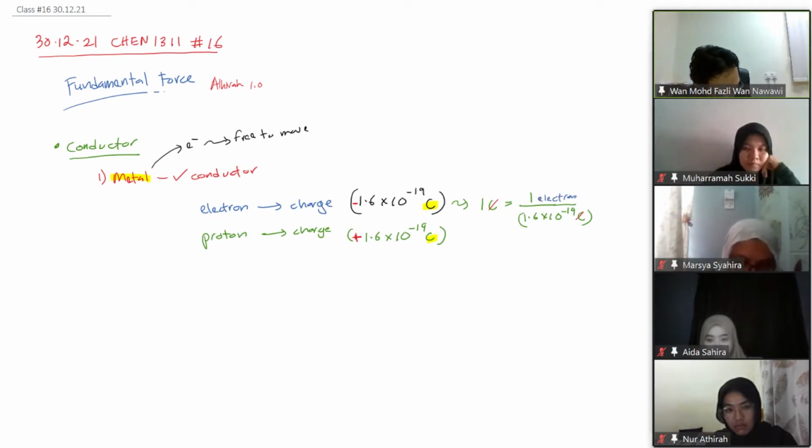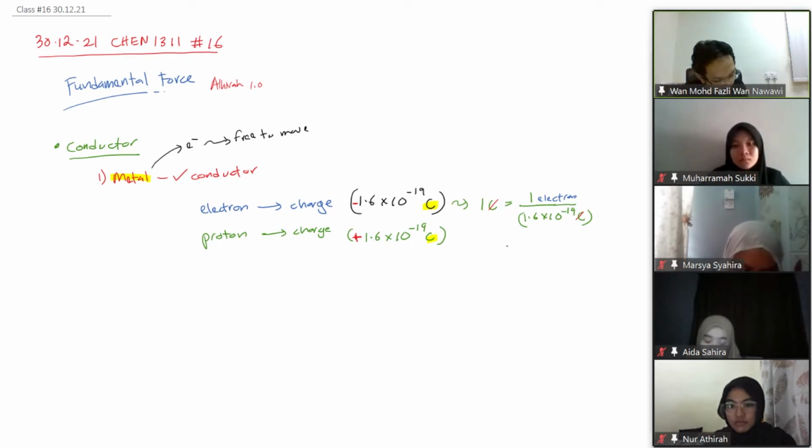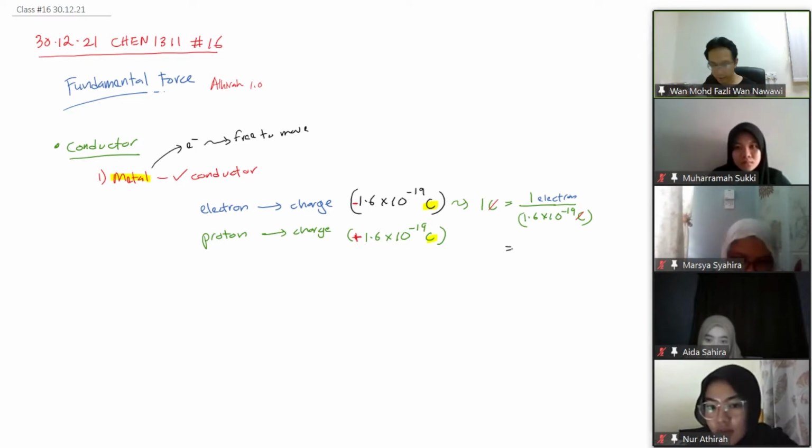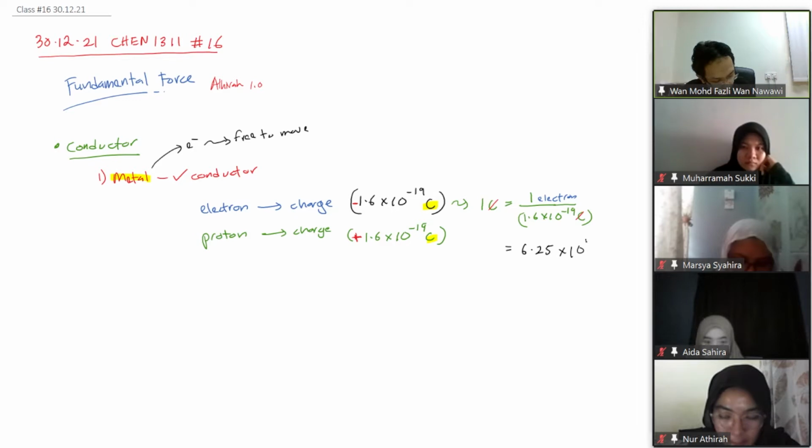So 1 electron carries 1.6 times 10 to the power of negative 19 Coulomb. You forget the negative part, because negative is just the sign. So for 1 Coulomb, you divide 1 by 1.6 times 10 to the power of negative 19, and you get 6.25 times 10 to the power of 18.